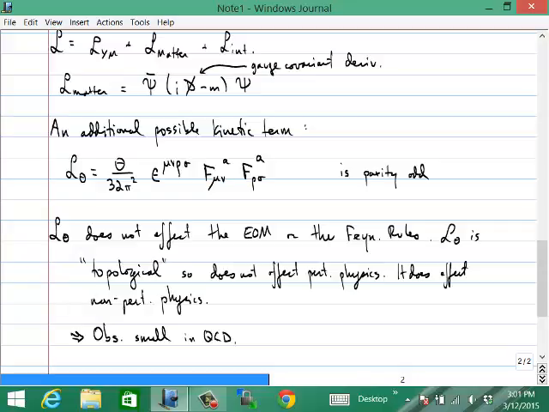So instead, what people have proposed is that there's a new field known as the axion, which dynamically sets the value of theta equal to 0. Essentially, the coupling constant theta is promoted to a new field, and then the dynamics of this field make the value of this parameter unobservably small.